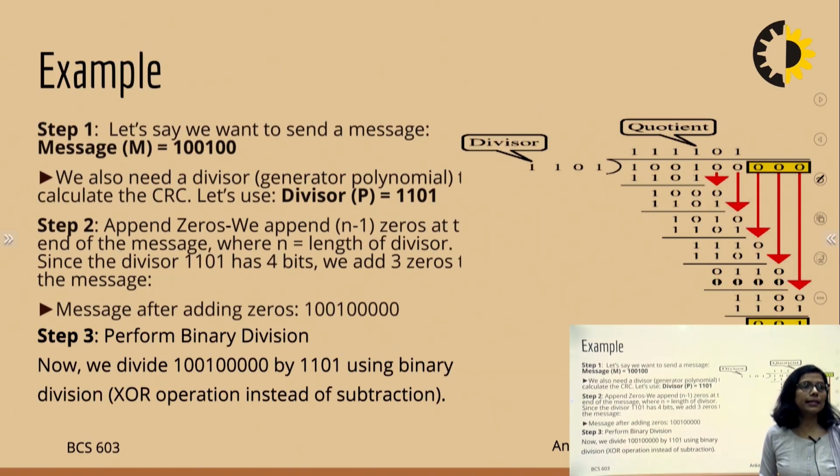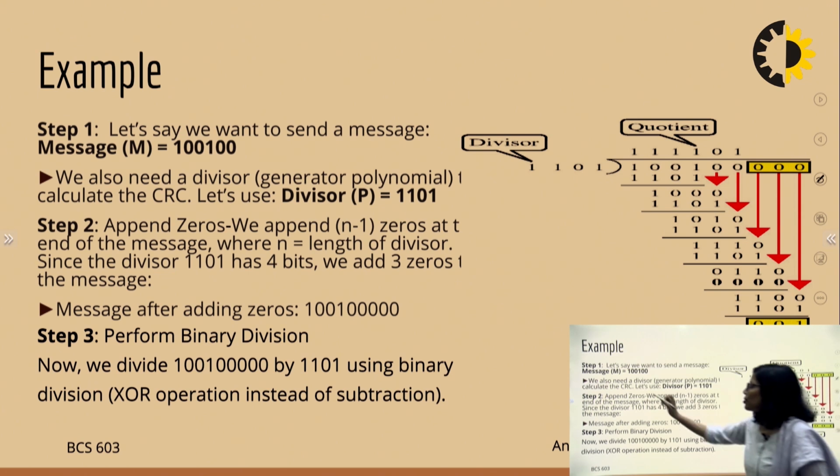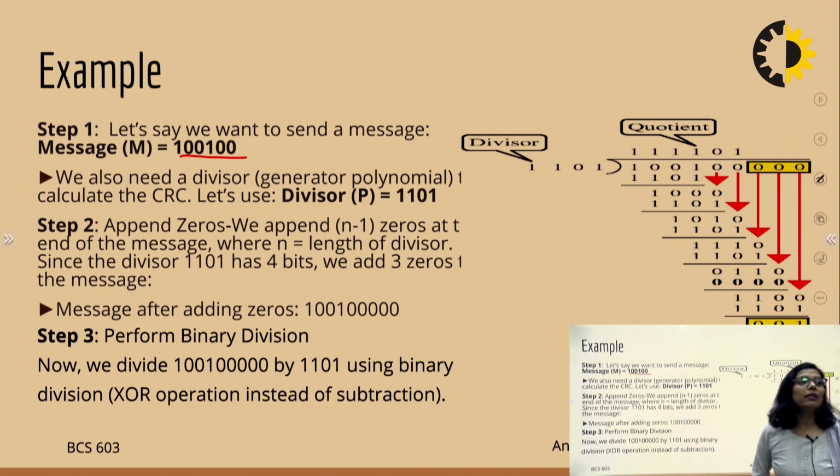For example, let's take, now I have a message. So I will select a generator polynomial or divisor. In the exam, there will be a question given. You will be provided with this generator polynomial as well as this message.